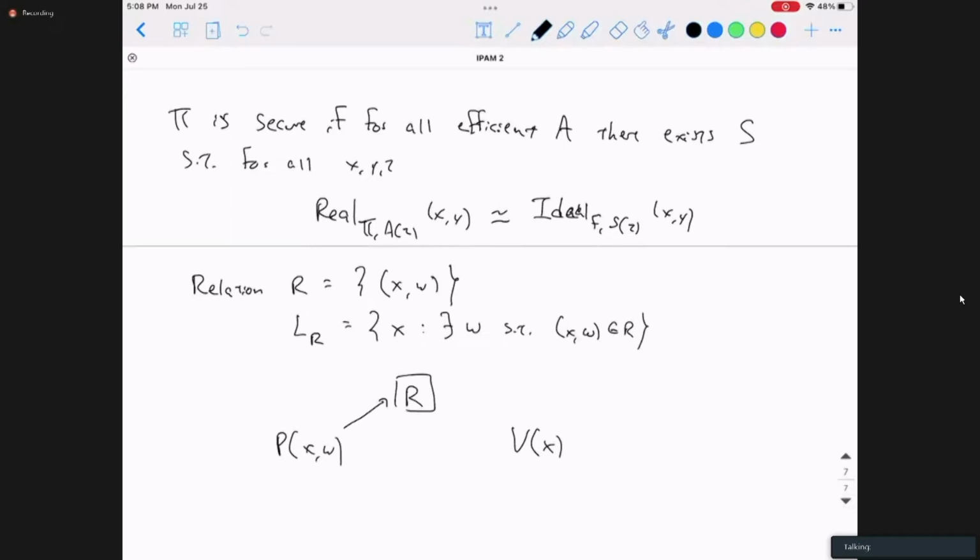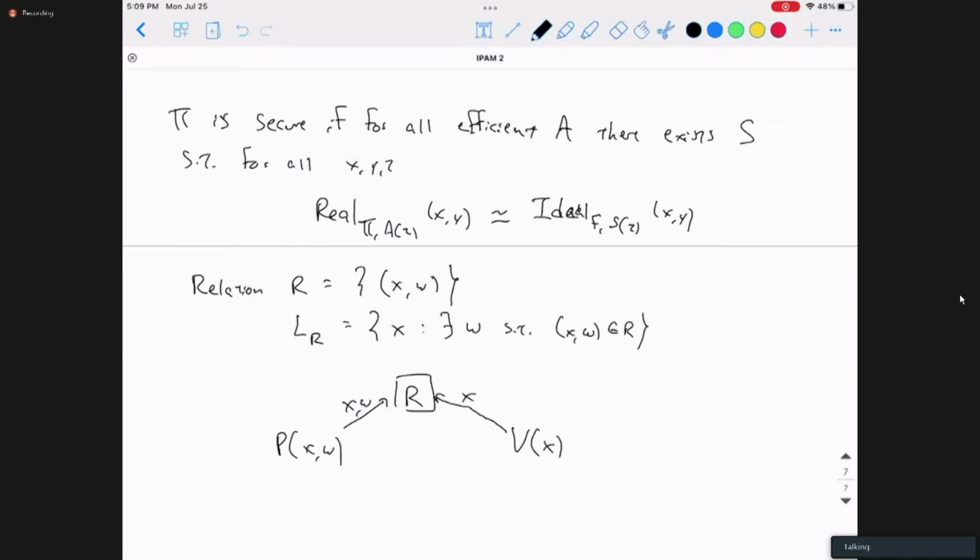This is, again, one of these things where if I want to be fully formal, it'll be a little bit of a mess. But I'll try to be a little bit formal here. First of all, what this functionality is going to do is a sanity check and make sure that the x's are equal. If they're not equal, it will just return maybe some error to V, or let's just make it return 0 to V in that case. But the interesting case is when the x's are equal.